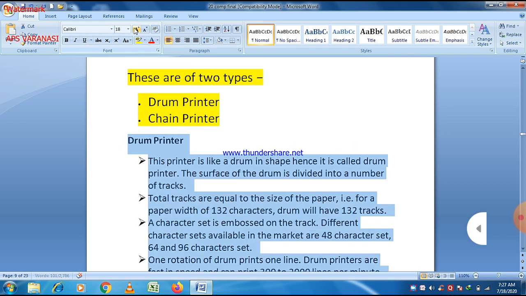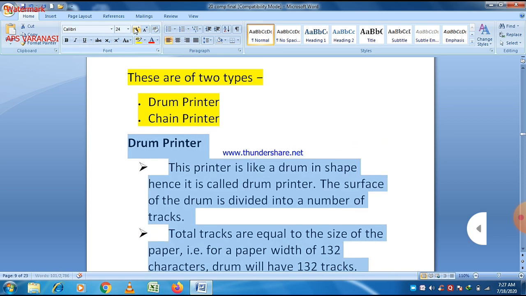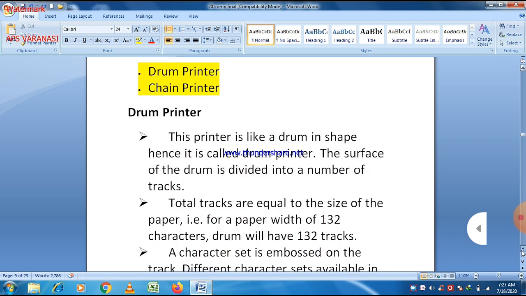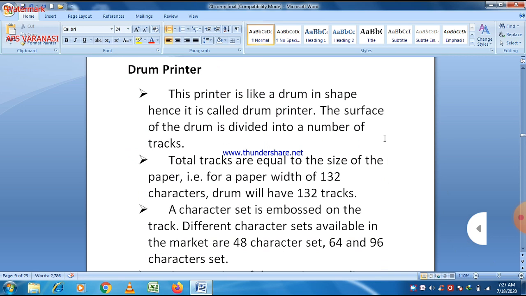That is the first point. The second point is that the total tracks are equal to the size of the paper.